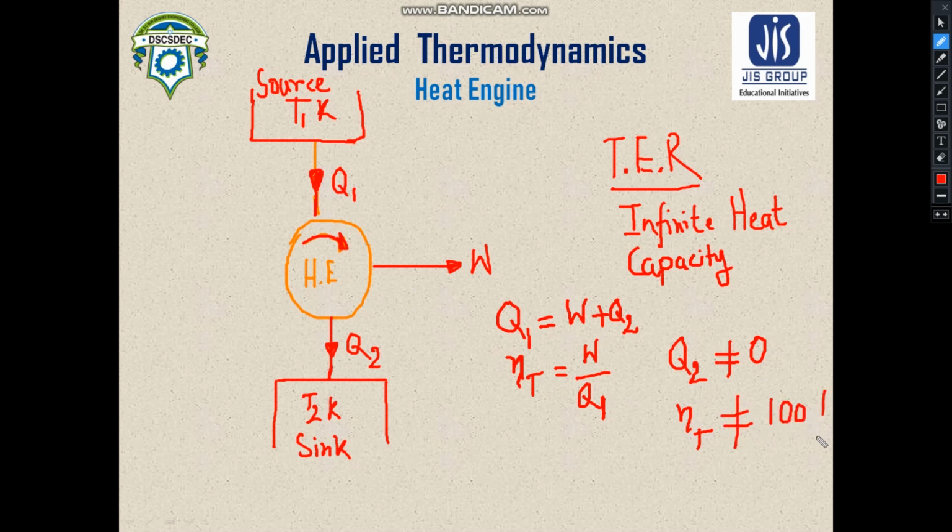Okay, so you have to remember that in ideal conditions, meaning there is no energy loss, no dissipative effect, no frictional losses, still, in those ideal cases, the efficiency of a heat engine can never be 100%.